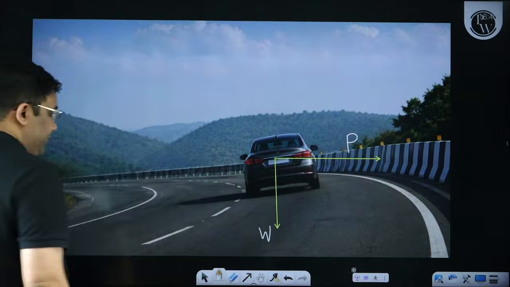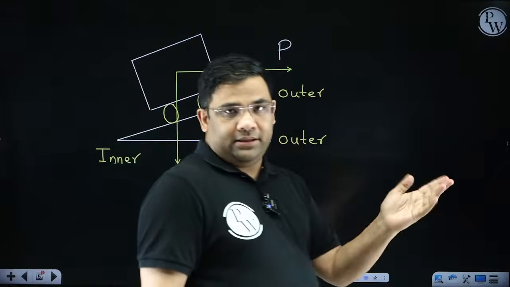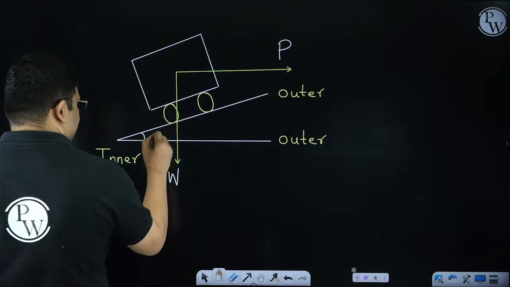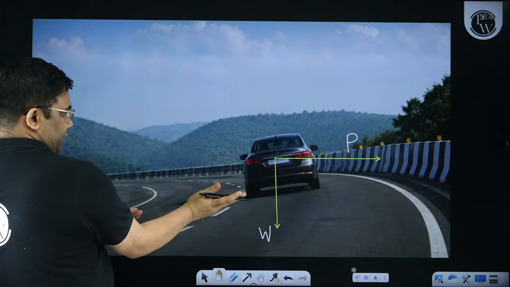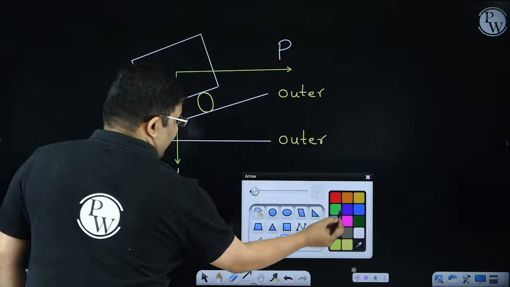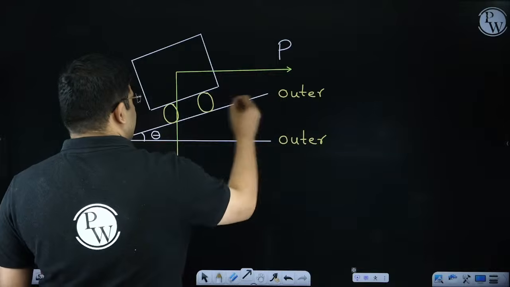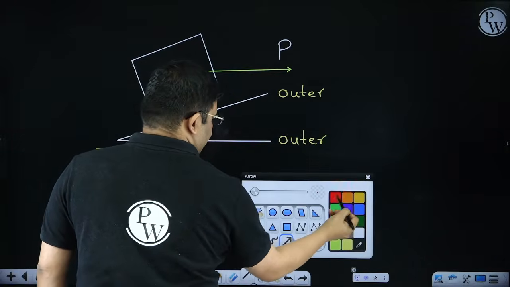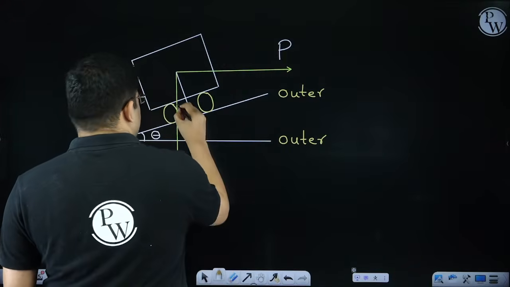Now see, we have tilted the road, so we might have tilted by some angle theta. Suppose this is that angle theta. Drawing a perpendicular to the inclined surface, this will be at theta angle.